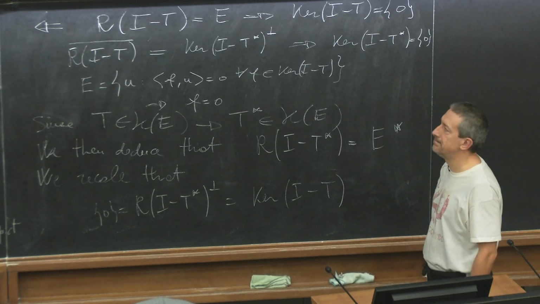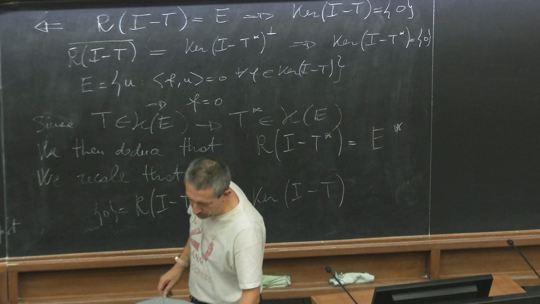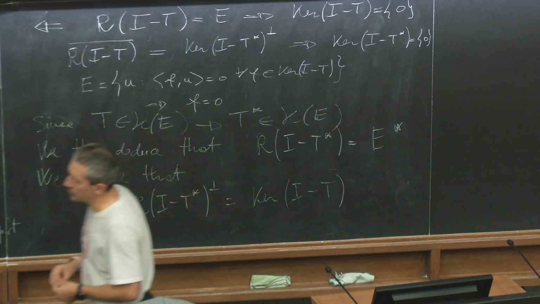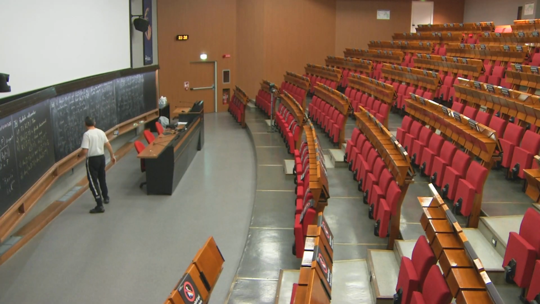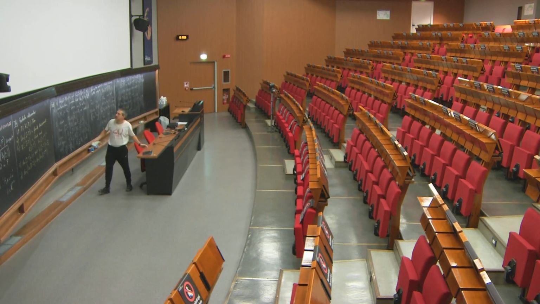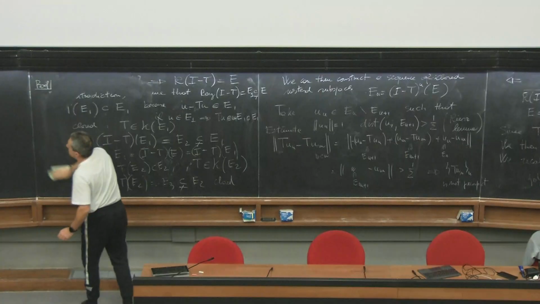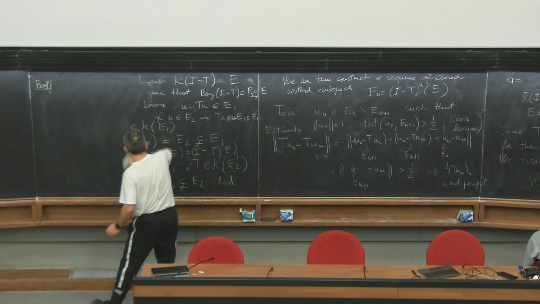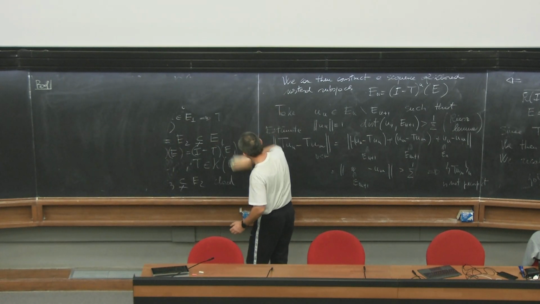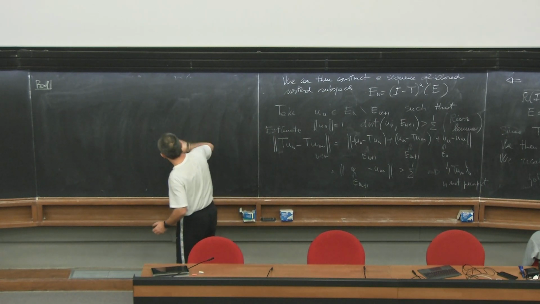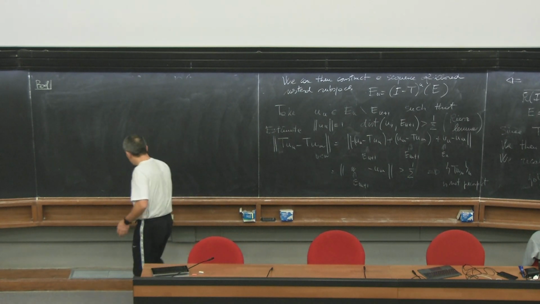So we choose point C. Last point: the dimensions of the two kernels are the same. So now we have to prove it.